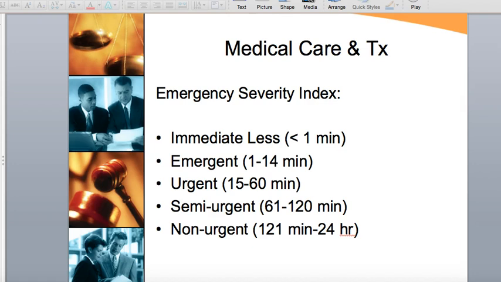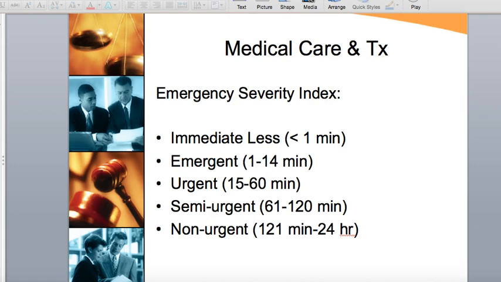Someone who needs to be seen emergent will need to be seen within 1 to 14 minutes. Someone who's classified as being urgent will need to be seen within 15 to 60 minutes. Semi-urgent, 61 to 120 minutes, and non-urgent, 120 minutes up to 24 hours. Again, this is after presenting for immediate service needs.